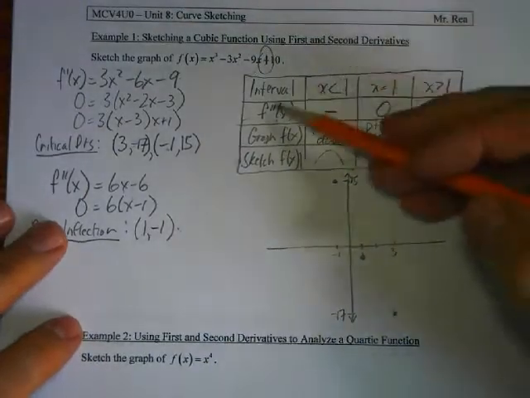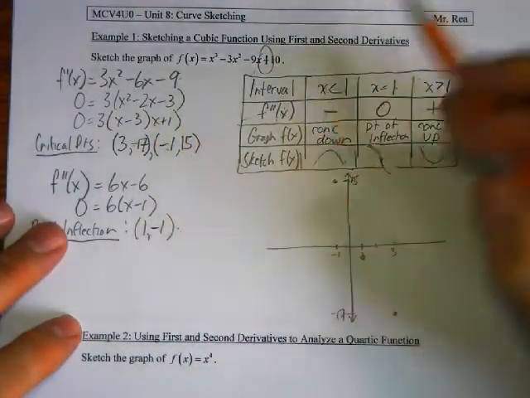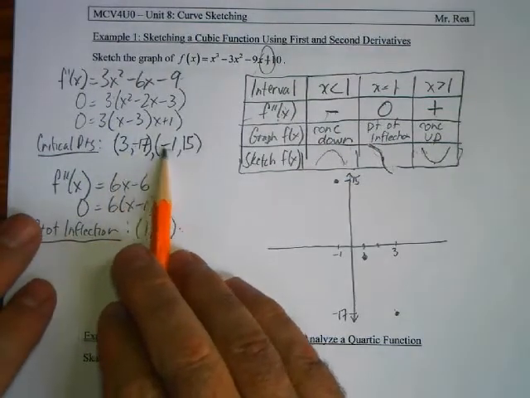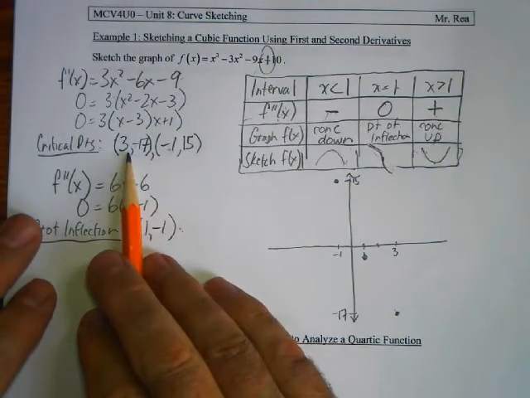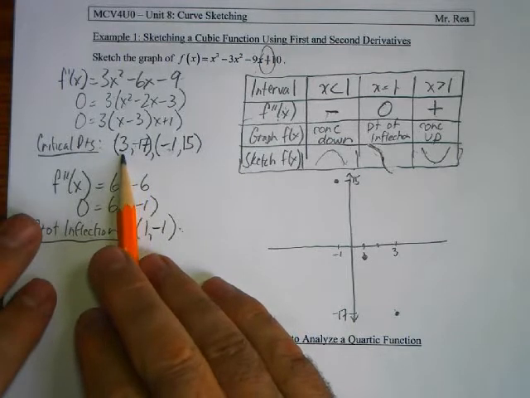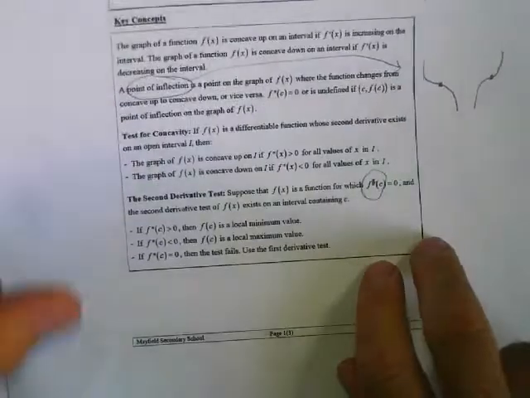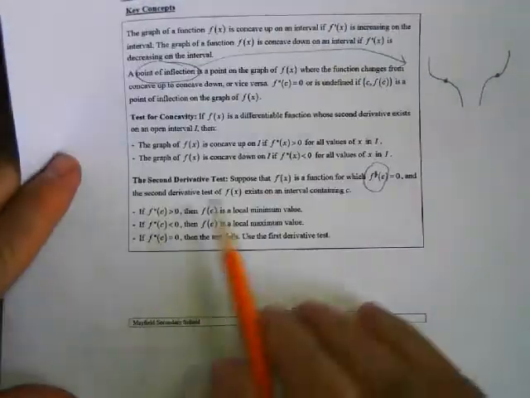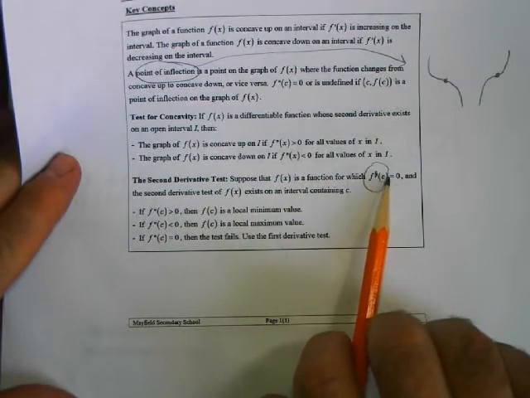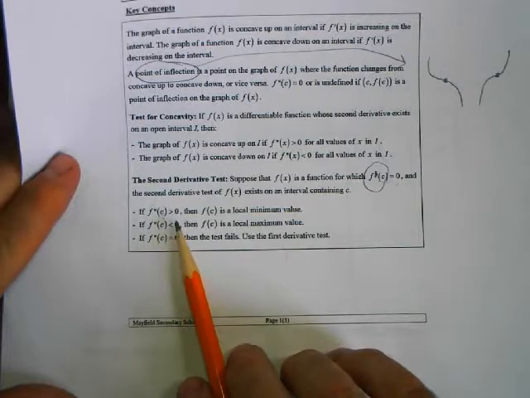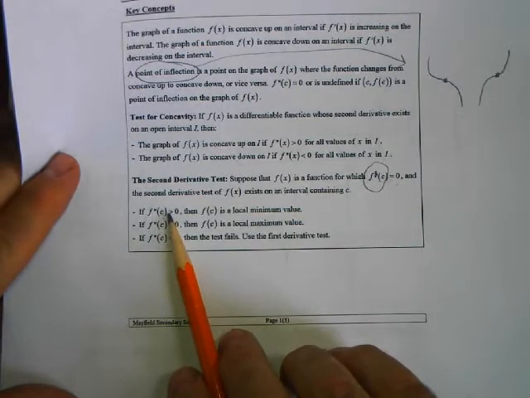Now, they didn't ask us to really do the first derivatives, so I already know I've got critical points here. I could do the second derivative test here and plug in x equals 3. If you remember, this is where you could use the second derivative test. If I plug in what I know to be a critical point into here, if the value is greater than 0, it's a local min.